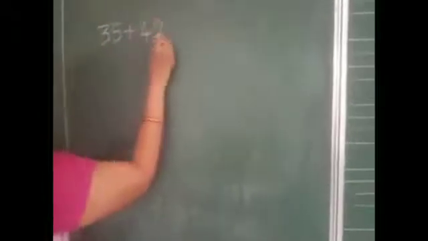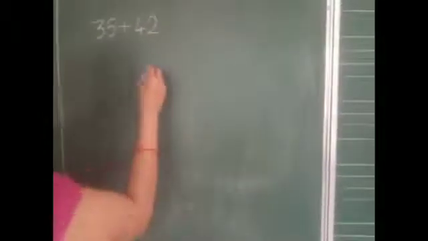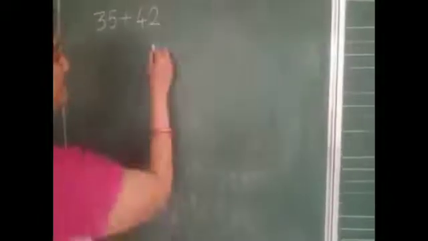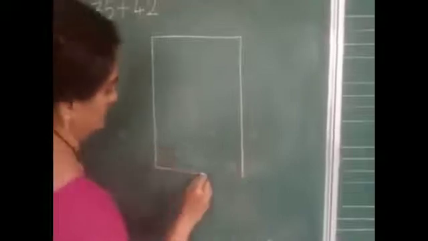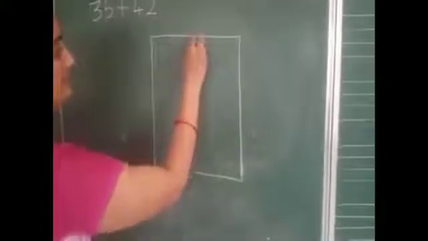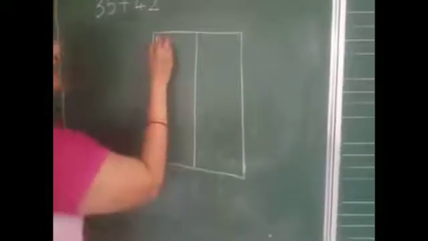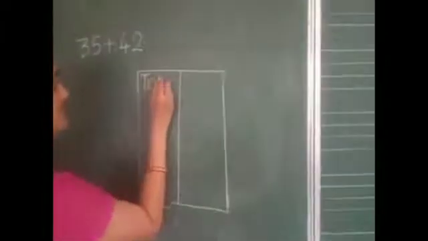Now we will see another example. 35 plus 42. Firstly, we have to draw two columns, one for tens place and one for unit place.